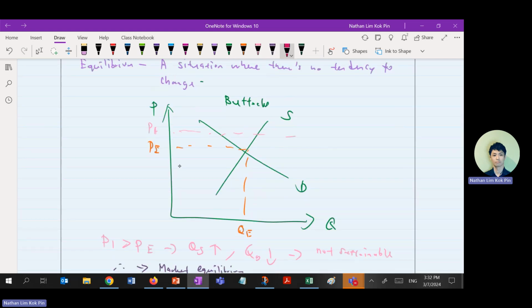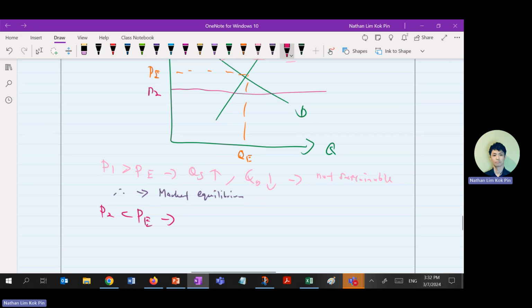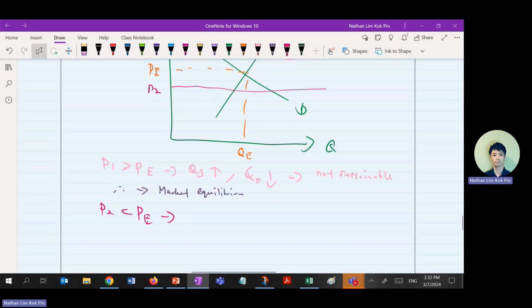Will they ask you if P2 is below PE? Maybe not, right? But I still share with you: if P2 is less than PE, QD will increase, QS will decrease. Because the price is too low, not profitable, it's also not sustainable.